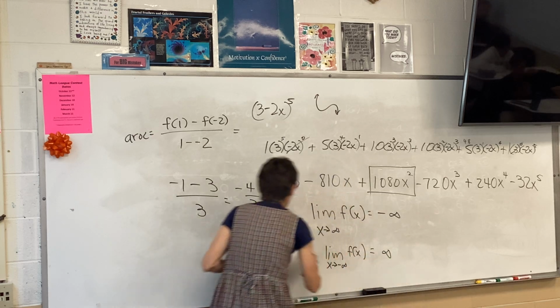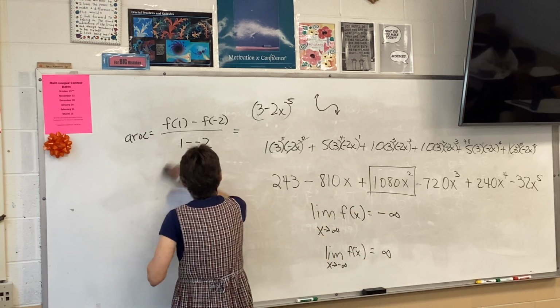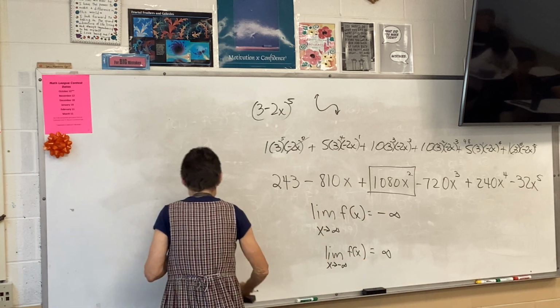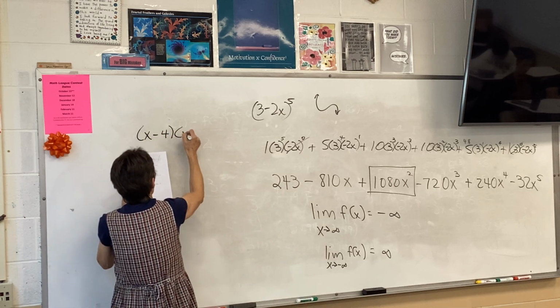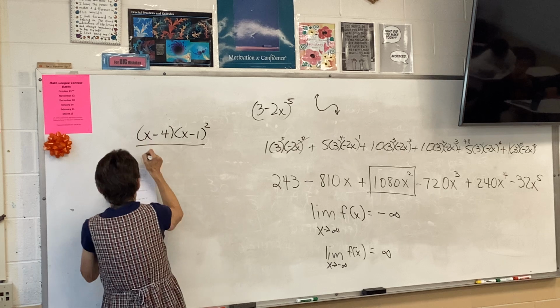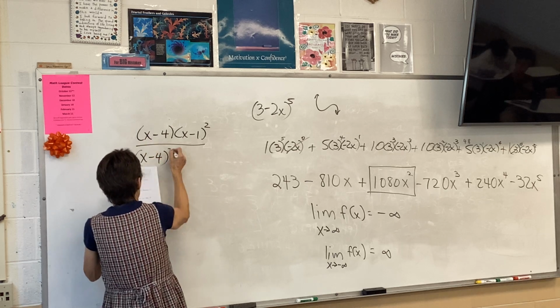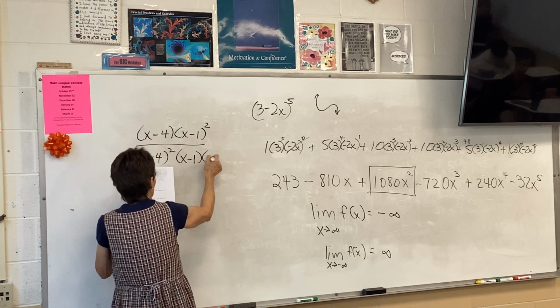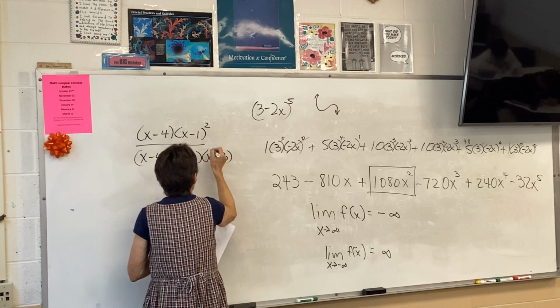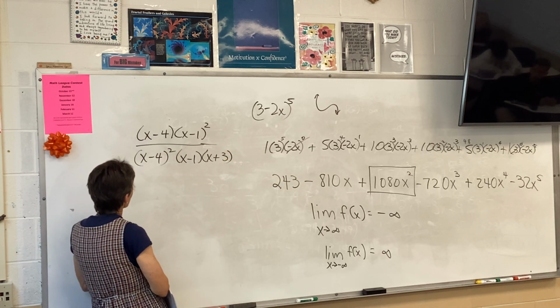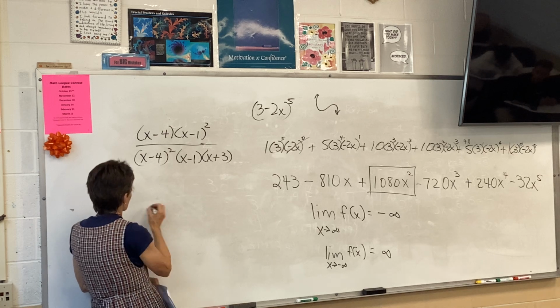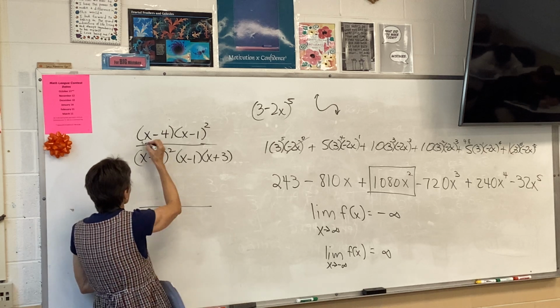List all of the vertical asymptotes and holes. Okay, so what do we notice? We notice we can do more canceling, right? So we can get rid of that.